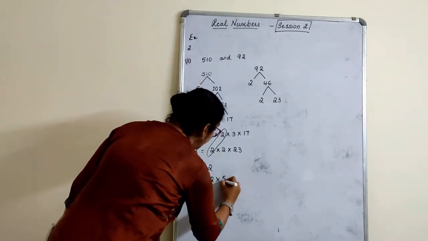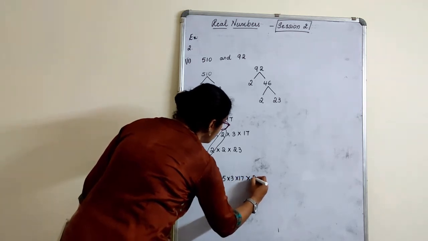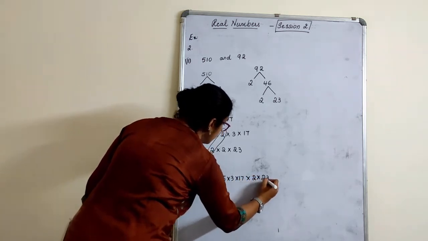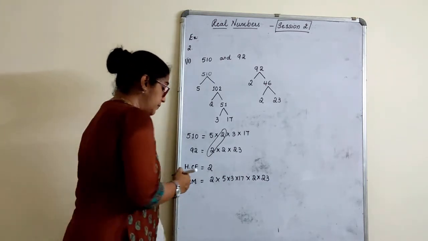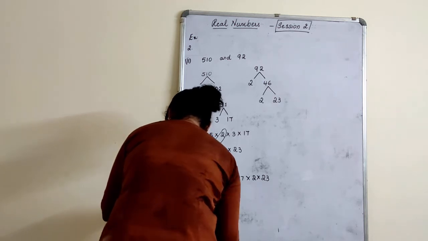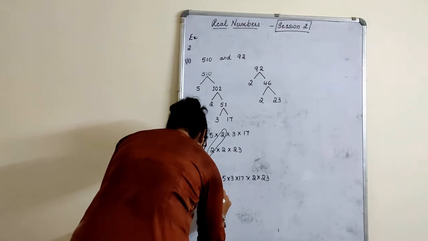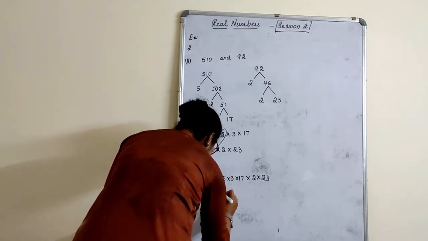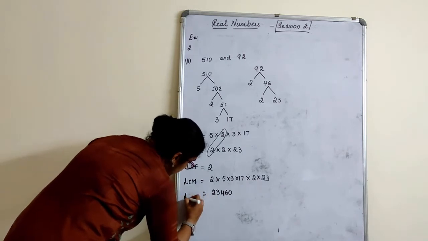They are 5 into 3 into 17 into 2 into 23. These are all the remaining terms in the given factors. So when you find the product, that's going to be a bit large number, children. You have to sit and multiply them. So you will get that as 23,460. So yes, this is your LCM.